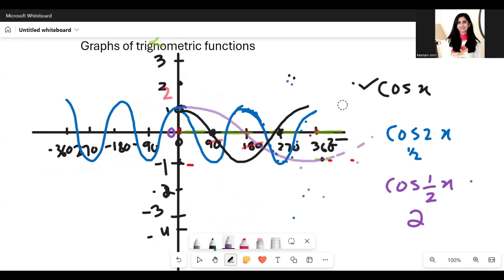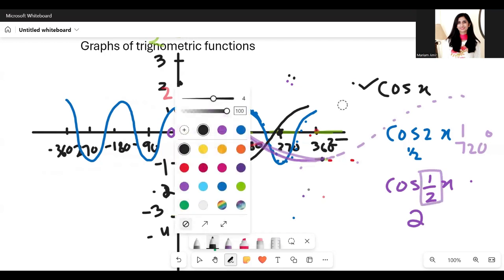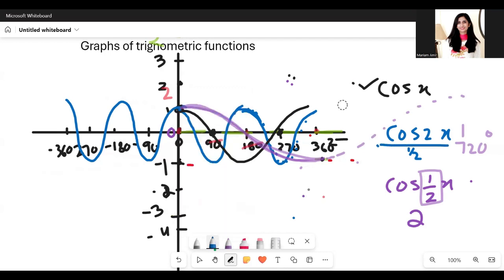It will finish a full cycle at 720 degrees. So there's only half a cycle that is completed between 0 to 360 degrees, and that is actually represented by this half. And this cos 2x actually completes two full cycles. Look, this is the first cycle and this is the second cycle. It completes two full cycles between 0 to 360 degrees.